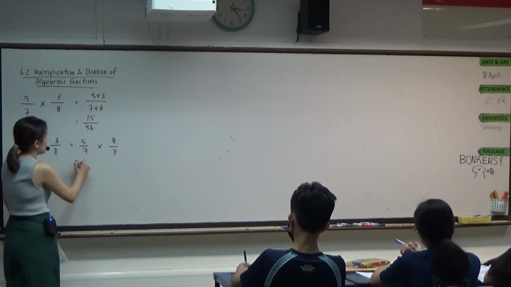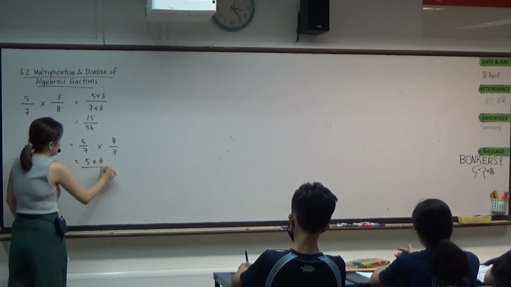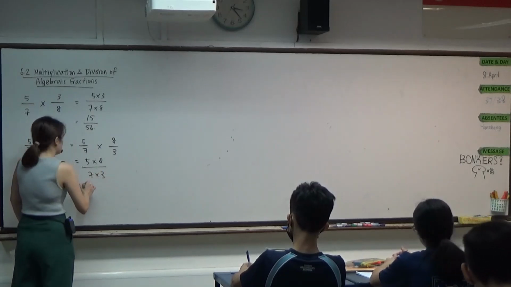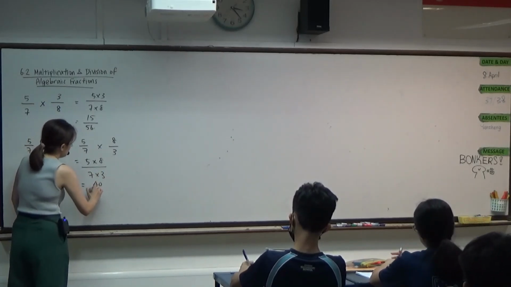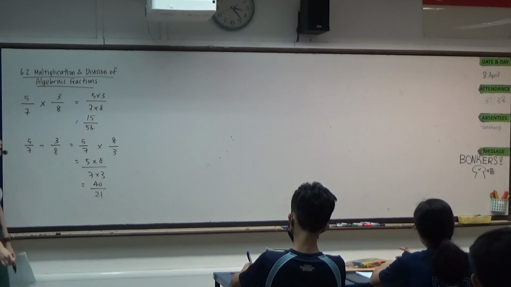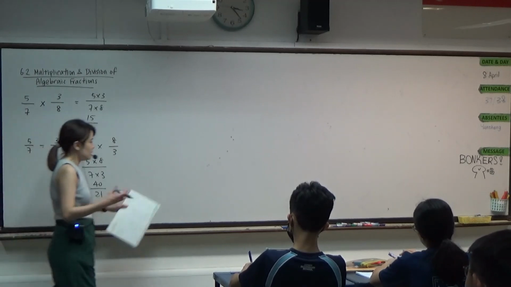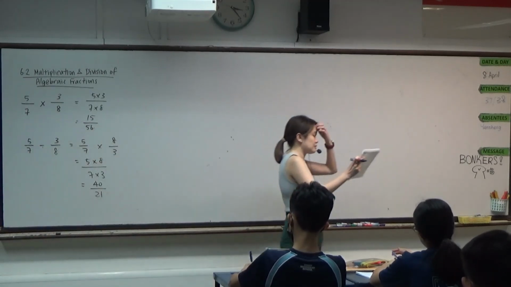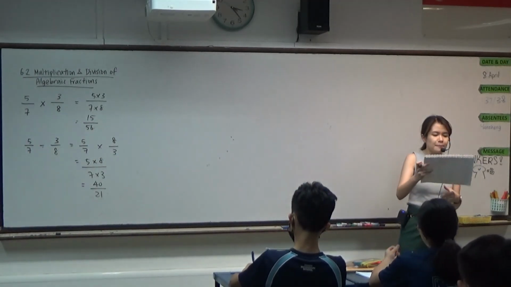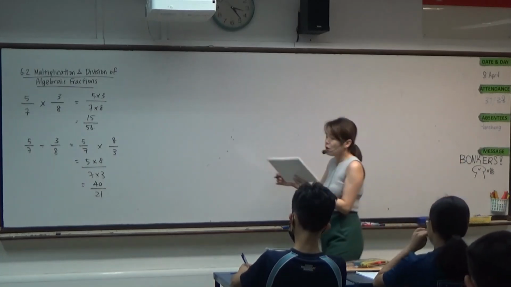So we will get 5 times 8 and 7 times 3, so I will have 40 over 21. In both cases, we can't simplify the fraction any further, so that will be the answer for this multiplication or division. Let's look at practice now for part C.